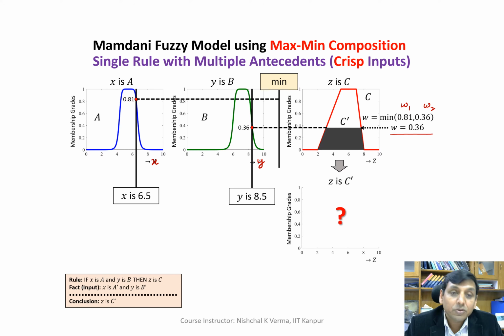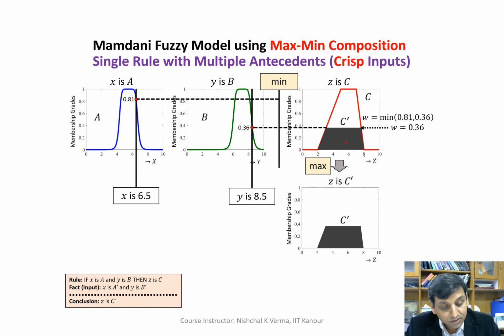Since we have only one rule, the maximum of the max min composition doesn't apply here, and the truncated fuzzy value becomes the final output. So this is the final output of the model corresponding to the input x is equal to 6.5, y is equal to 8.5.